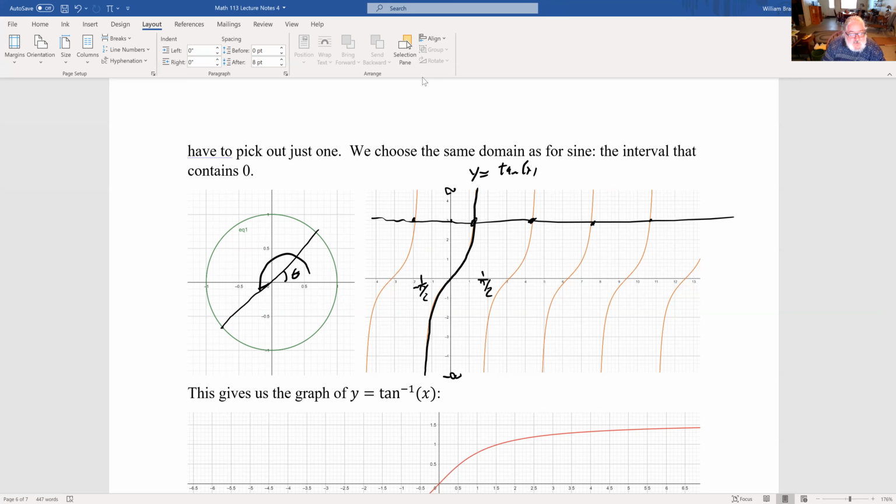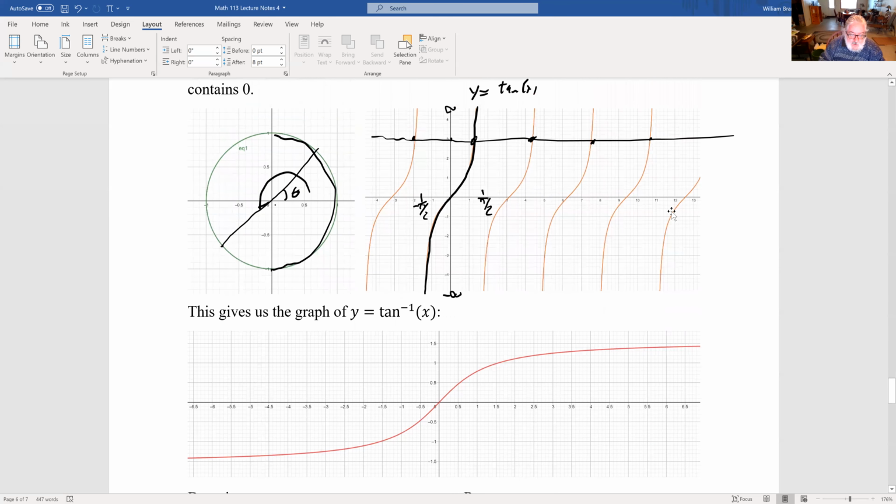And so we don't want to have multiple answers when we ask the question, what angle has its tangent? So we're just going to use the angles that go from here to here for our tangent.